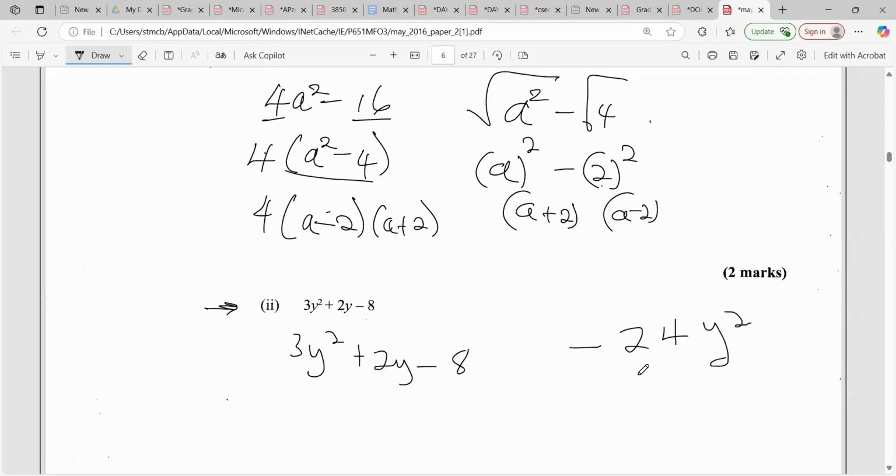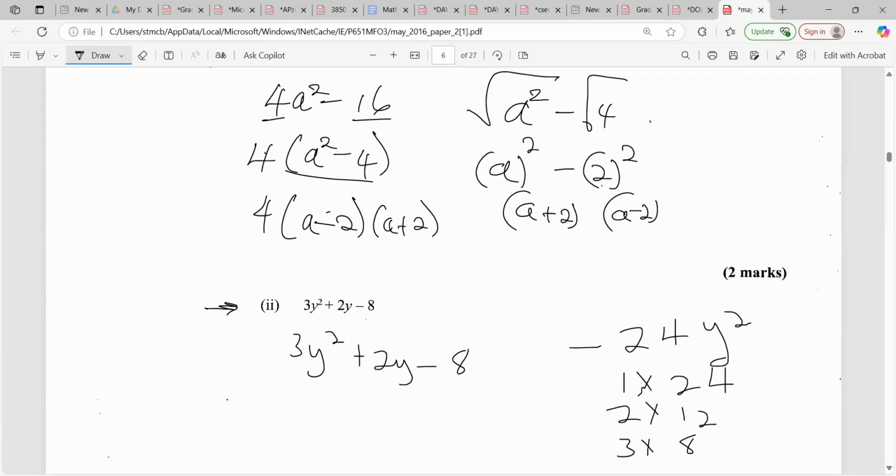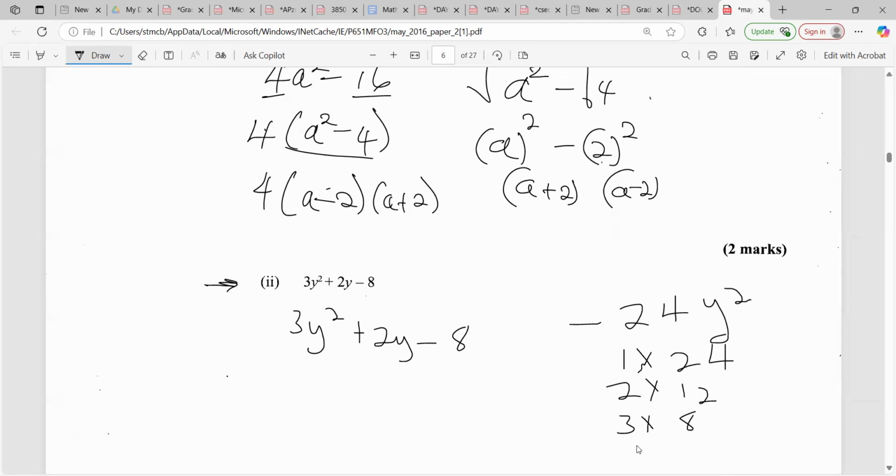So list the factors of 24: 1 times 24, 2 times 12, 3 times 8, all of these give 24 when multiplied, and then 4 times 6.